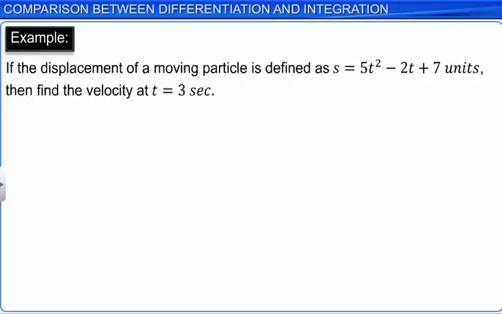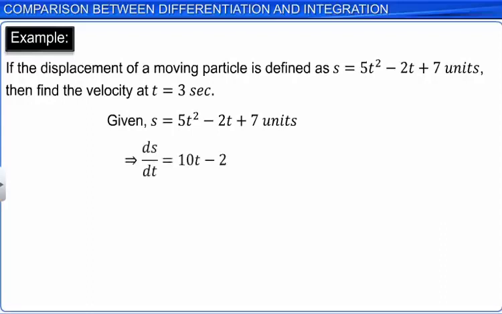On differentiating both the sides with respect to time t, we get ds by dt is equal to 10t minus 2. We know that velocity is equal to ds by dt. Thus, the velocity of the moving particle at t is equal to 3 seconds is 28 units per second. Hence the velocity is 28 units per second.